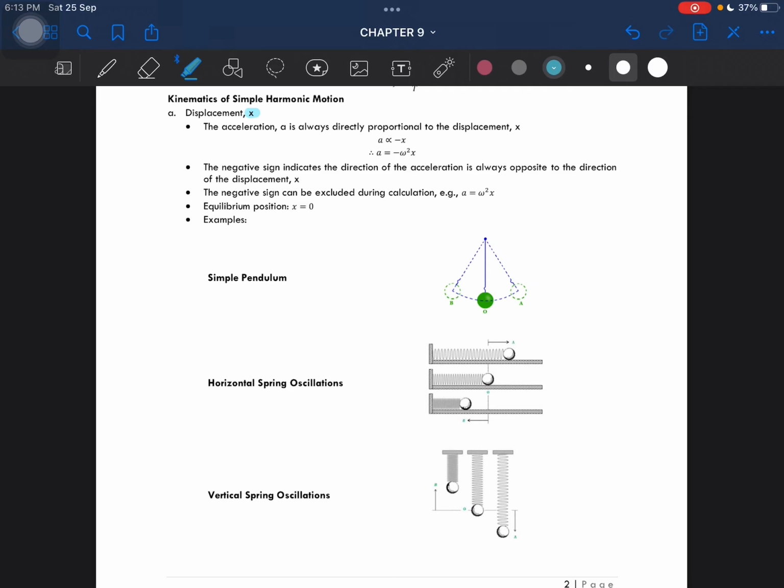We know that the acceleration is always directly proportional to the displacement. And the negative sign indicates the direction of the acceleration to be always opposite to the direction of the displacement. So in this case, the negative sign can be excluded during calculation.